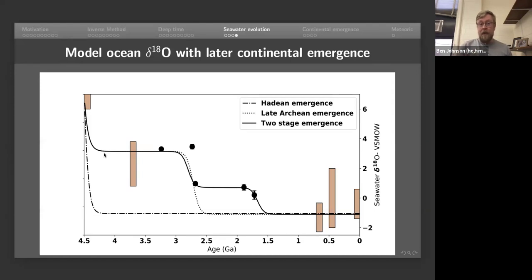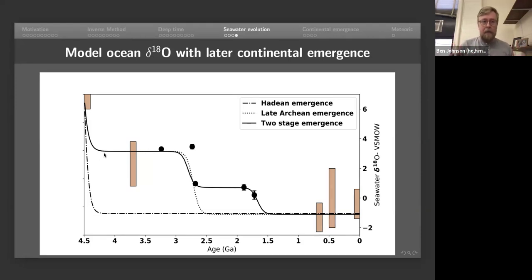But if we instead turn these on in two steps, you turn it on a little bit, you reach a steady state value of about +1 per mil, and then you turn it on the rest of the way to modern values, and that causes a second decrease in the δ18O value of seawater. So we can fit our constraints relatively well with what we're calling a two-stage continental emergence. We're turning on in this model the continental weathering fluxes in two distinct steps.